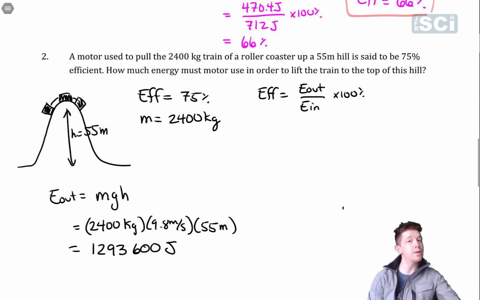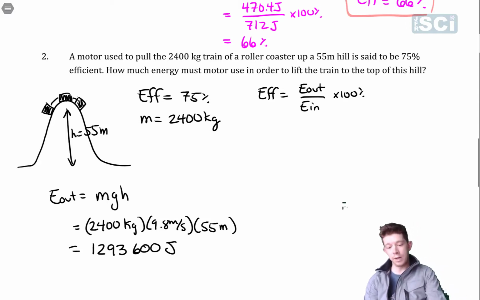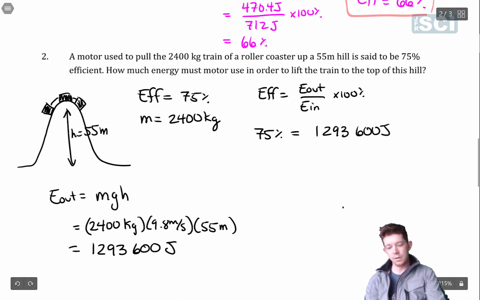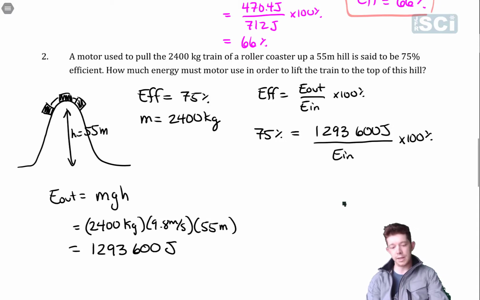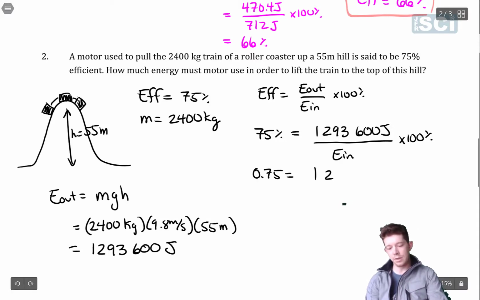Okay, so now I can calculate my input energy because I know the efficiency and I know my output energy. The only thing I don't know is my input energy. So I'll write down 75% is equal to the output, 1,293,600 joules, divided by my input energy multiplied by 100%. If we divide by 100% on both sides of my equation, I get 0.75 is equal to this output energy divided by my input energy.